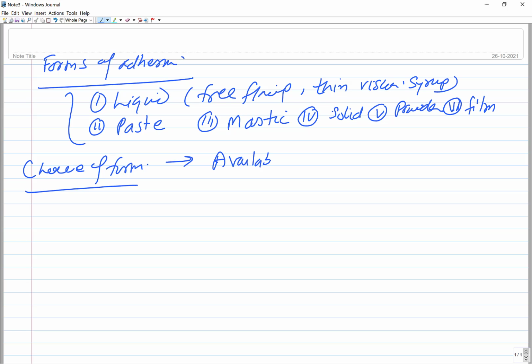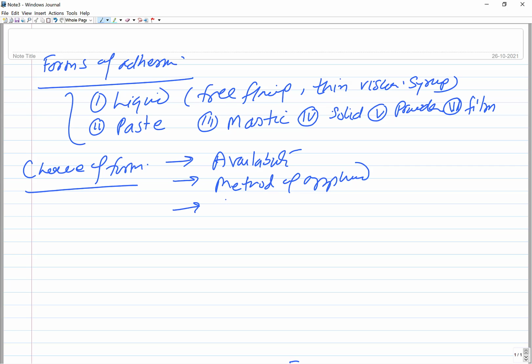One is certainly the availability. The second is which method of application is available, since different adhesive forms will be applied using different approaches.